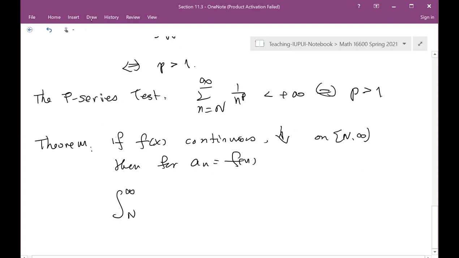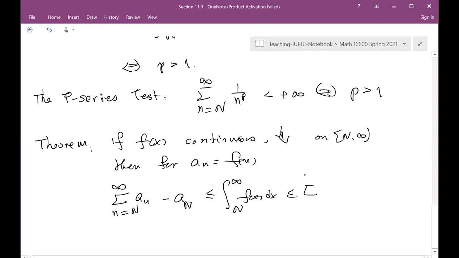The sum minus the last term is going to be less than or equal to the integral from N to infinity of f(x) dx, less than the sum.